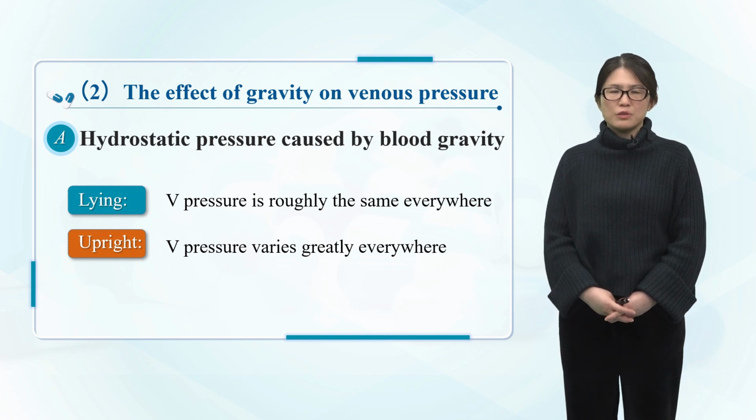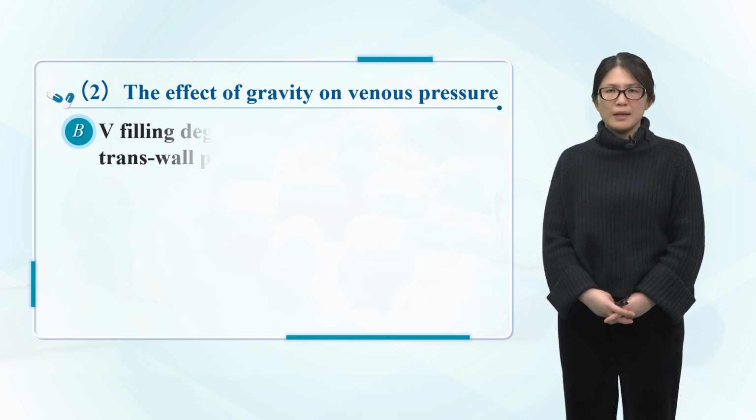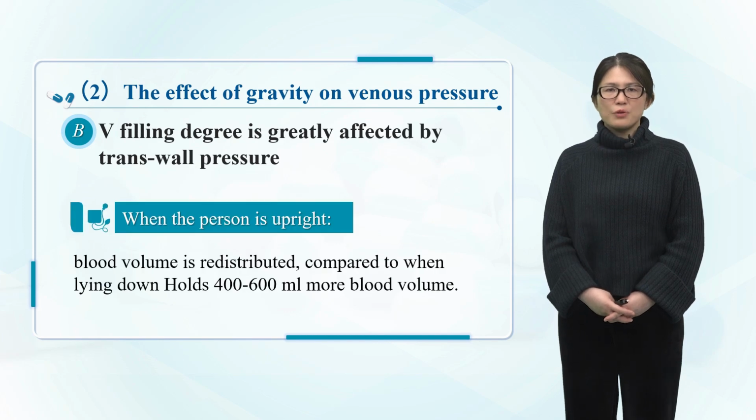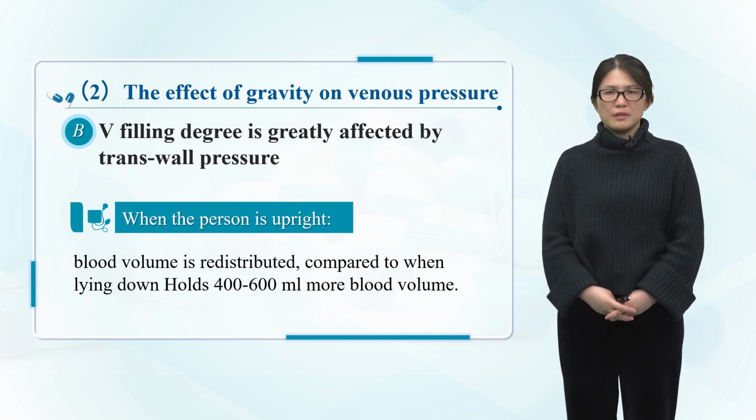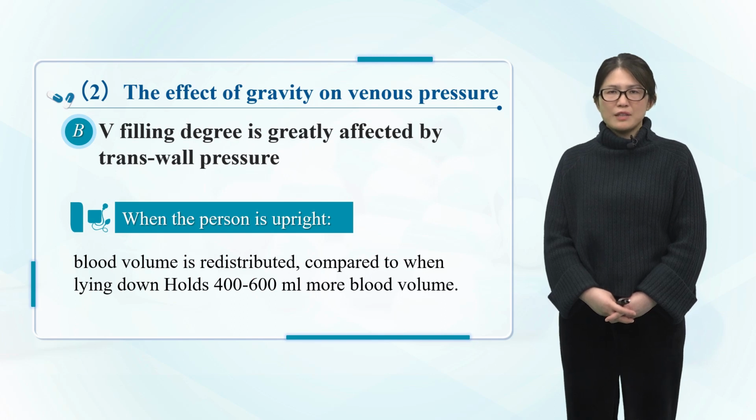For example, at the top of the skull, the pressure in the sagittal sinus can be reduced to about -10 mmHg. The effect of gravity on veins is far greater than that on arteries.